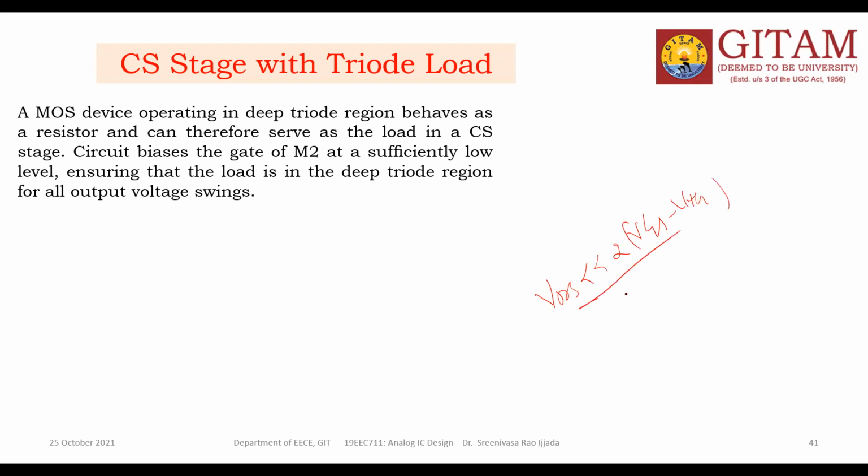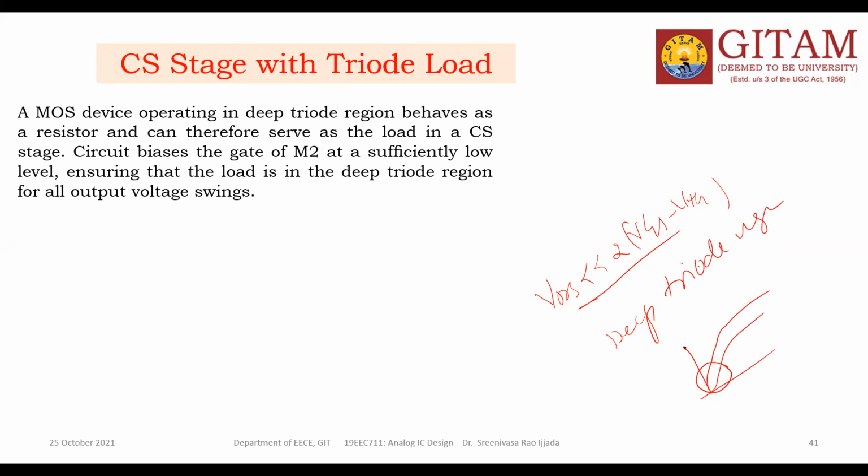It is nothing but the early stage of the characteristics. When you look at the characteristics like this, this is the deep triode region, where the device characteristics are mostly linear.